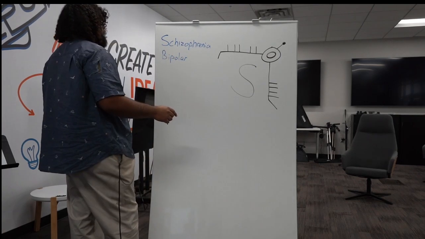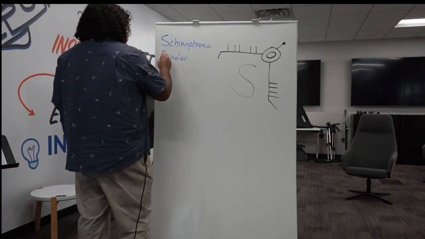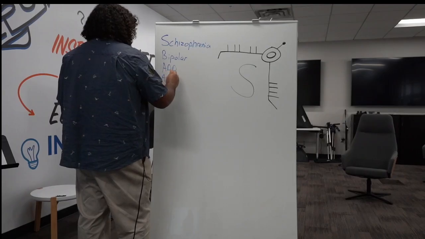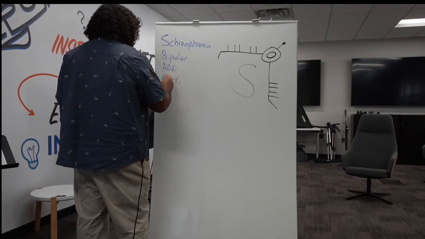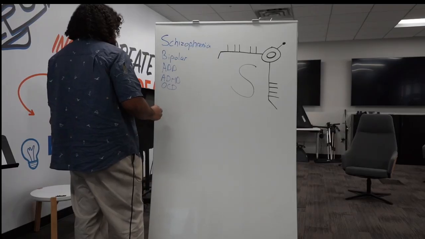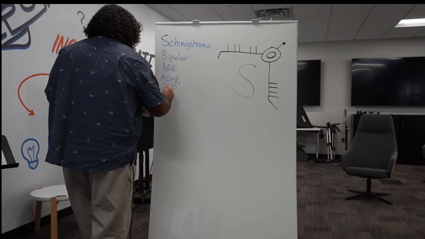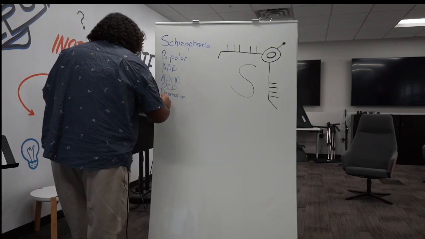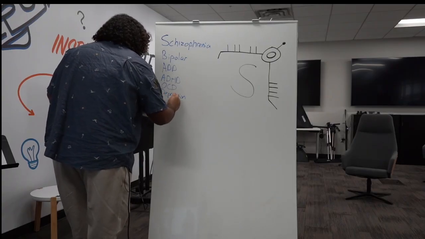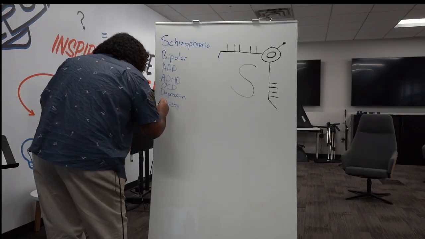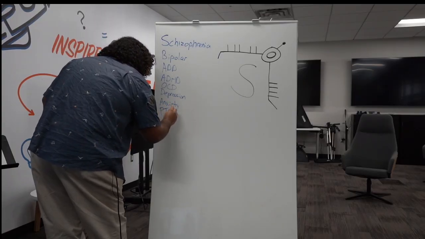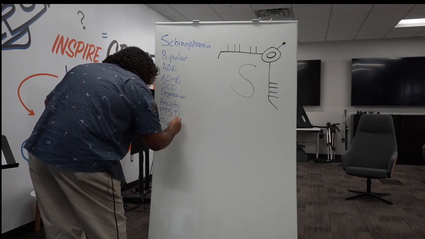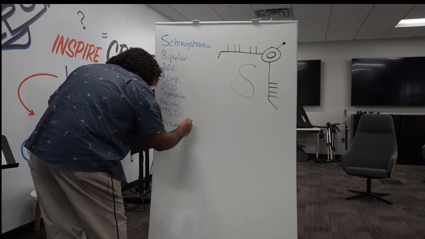And then next we have attention disorders, so we have ADD, we have ADHD, we have OCD, and then we have depression, we have anxiety, we have PTSD or stress disorder, we have a personality disorder, and then we have autism.